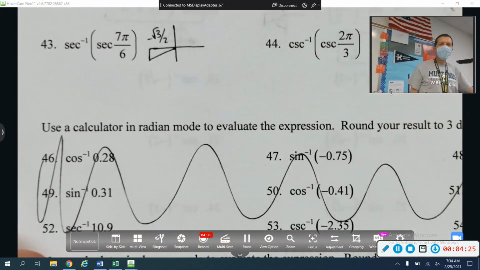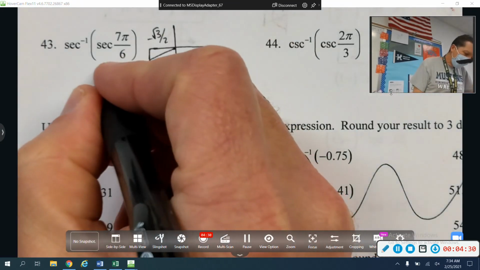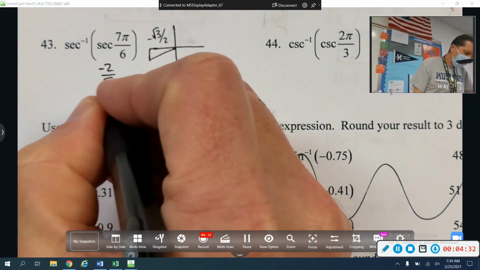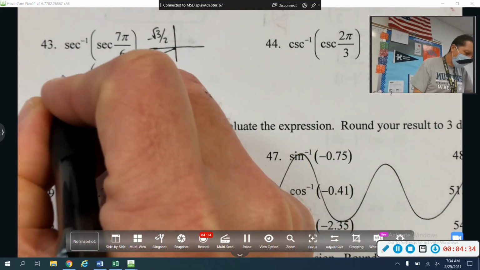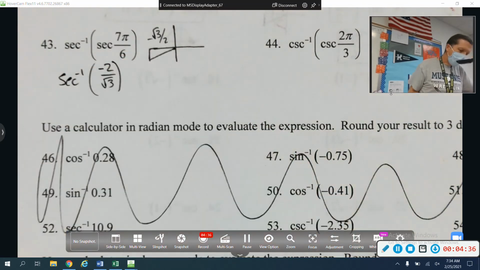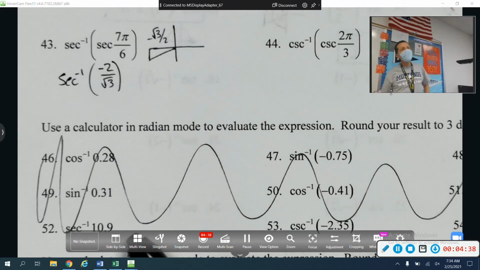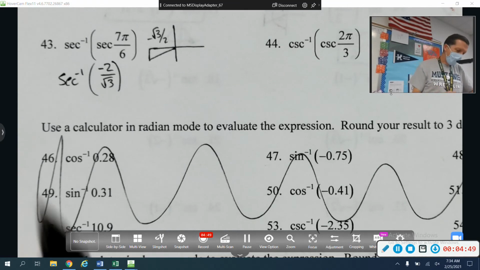So negative root 3 over 2, but I need to flip it. So negative 2 over square root of 3. And normally I would fix that, but since I'm about to do an inverse secant and I'm going to flip it again, I'm not going to fix it because as soon as I fix it, I'm going to have to flip it. So I'm just going to leave it alone for now.